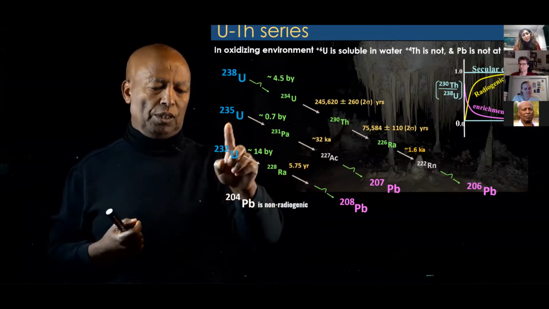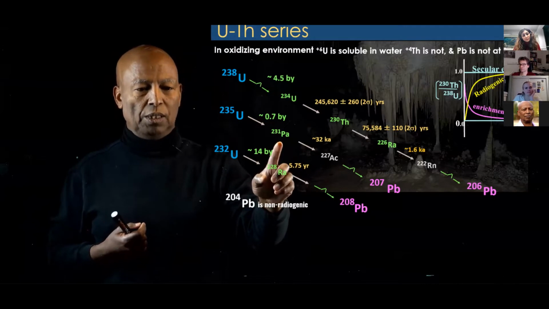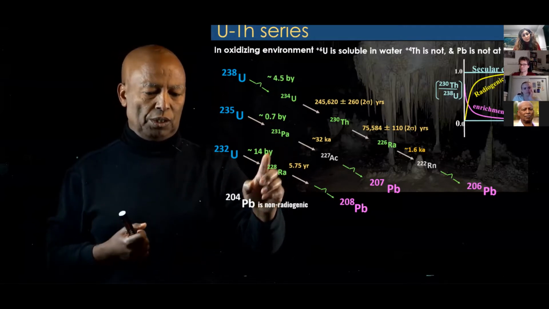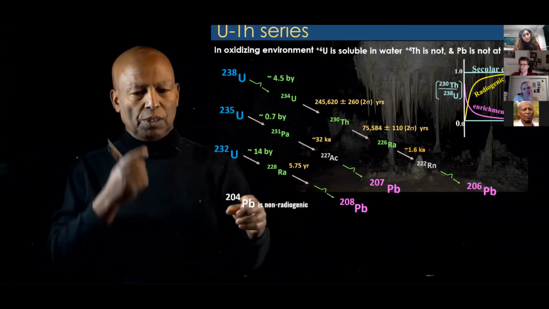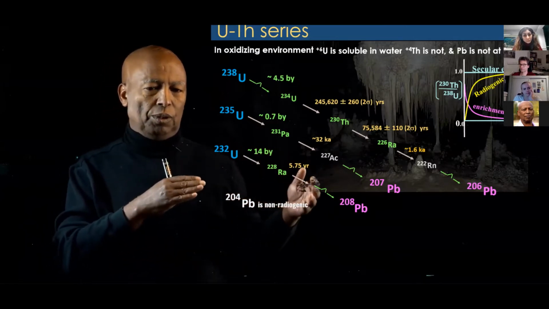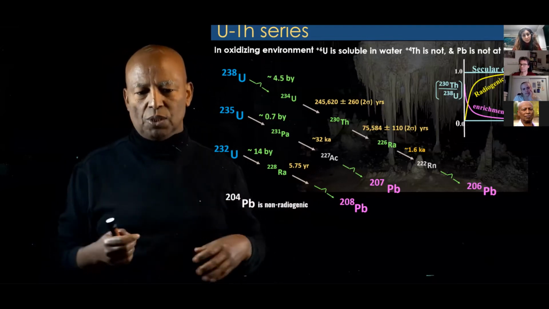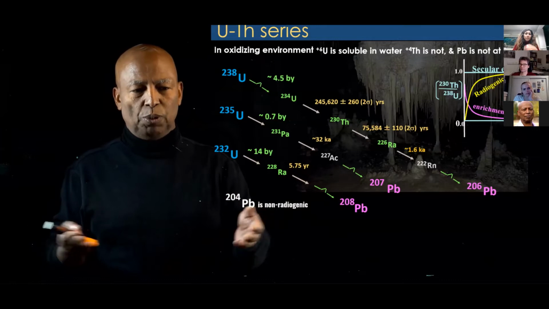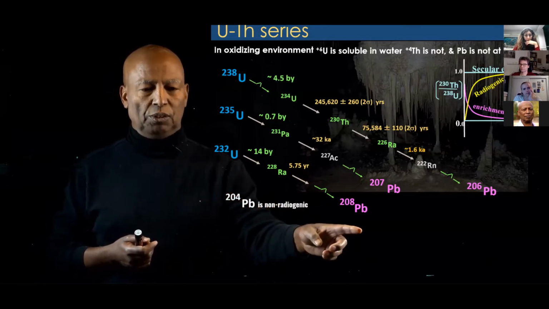The other is the decay of uranium-235 to protactinium-231, which also has implications. The 232-208 system is relevant for igneous and other clastic systems, because thorium is not soluble in water, so I won't focus on the 232-208 system today.